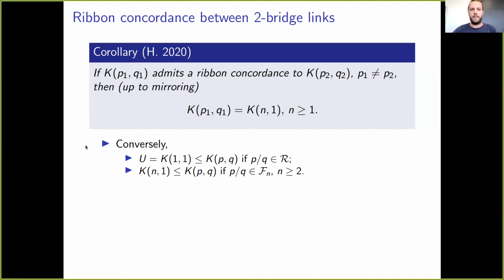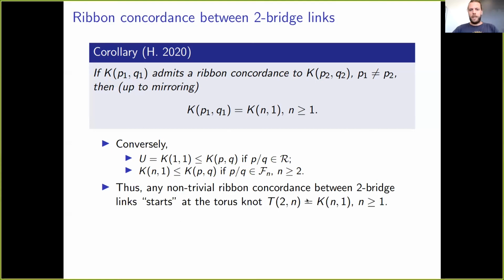These converse statements were at the very least implicit in Liska's work, so that's why I didn't include them in the corollary. My work really mainly obstructed any other possibility of there being ribbon cobordisms or ribbon concordances between lens spaces and two-bridge links, respectively.